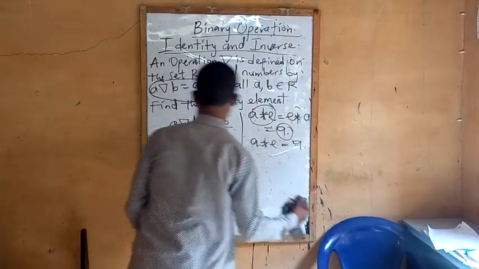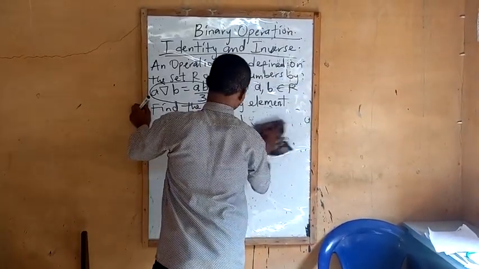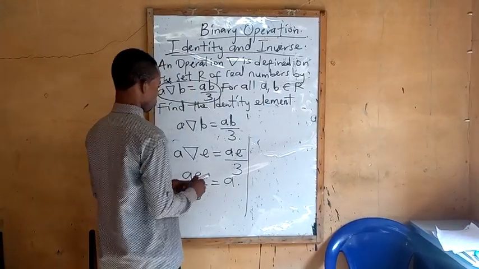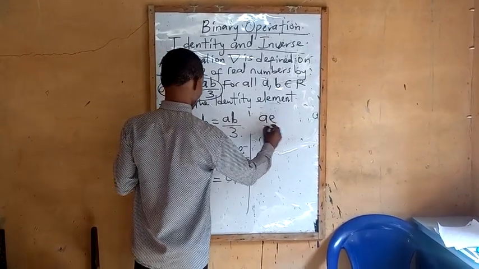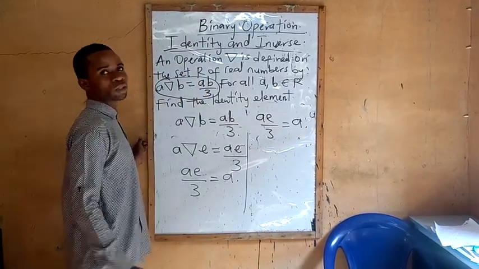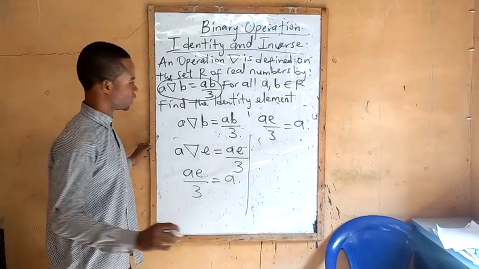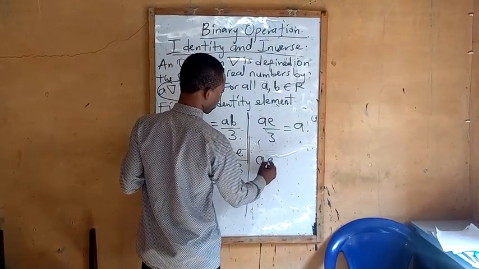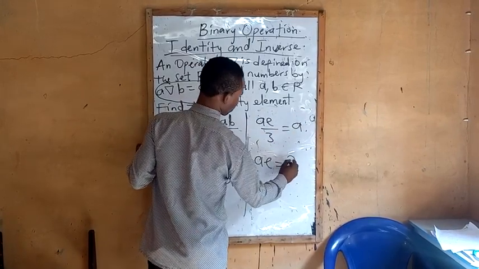Now, let's find it. When I say A, E over 3 equals A, what am I looking for? I'm looking for E, which is our neutral or identity. So I cross multiply, as you know. That means A, E equals 3 times A, which is 3A.